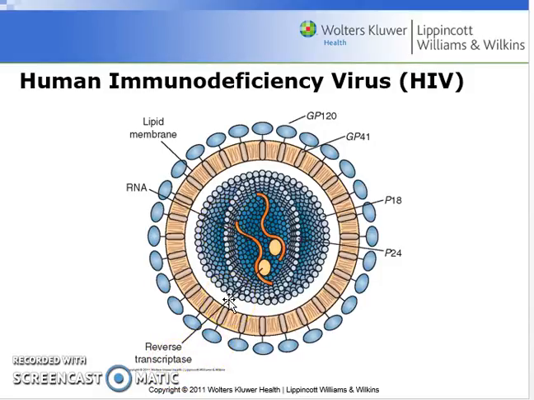And then after converting it to DNA inside the host cell, the cell will convert that viral DNA into viral messenger RNA and then into viral proteins. So that's how HIV is able to do its scary work and make infected individuals immunocompromised.